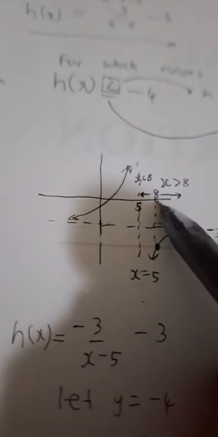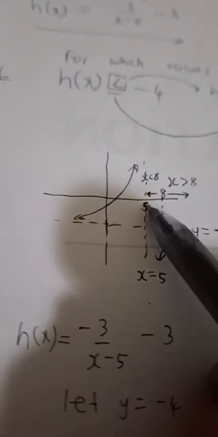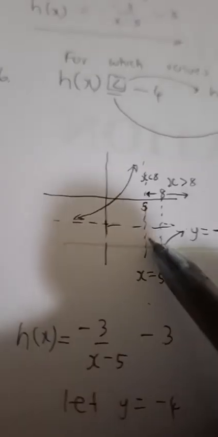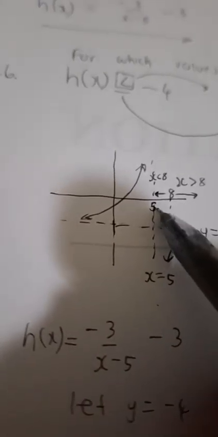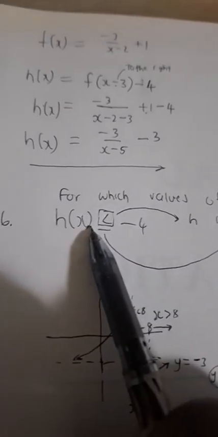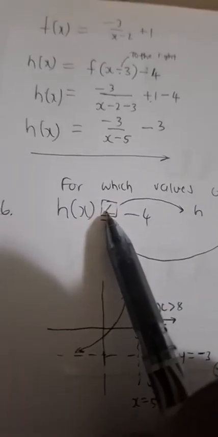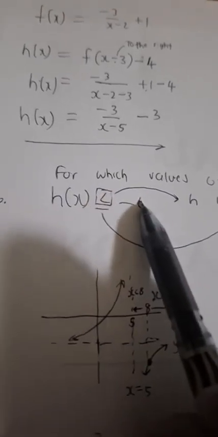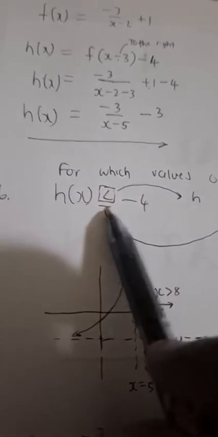So it's from 5 to 8. When x is 5, it does not exist, but just after 5 up until 8, exactly on 8, that's where we are able to meet this condition. The function of h is less than, meaning it's below -4, and it's also on, meaning equal to -4.